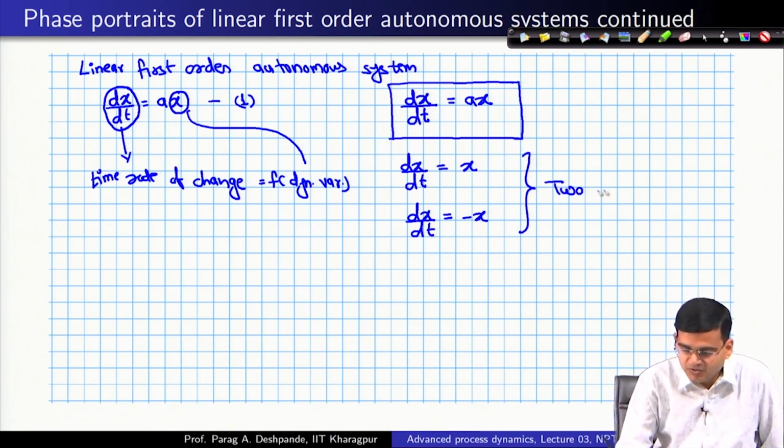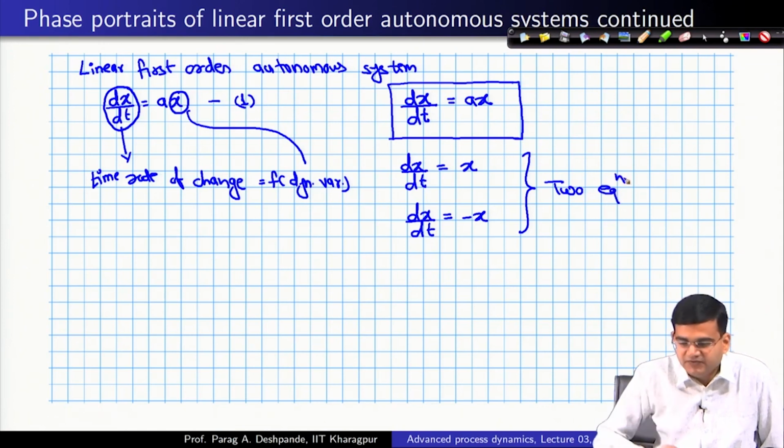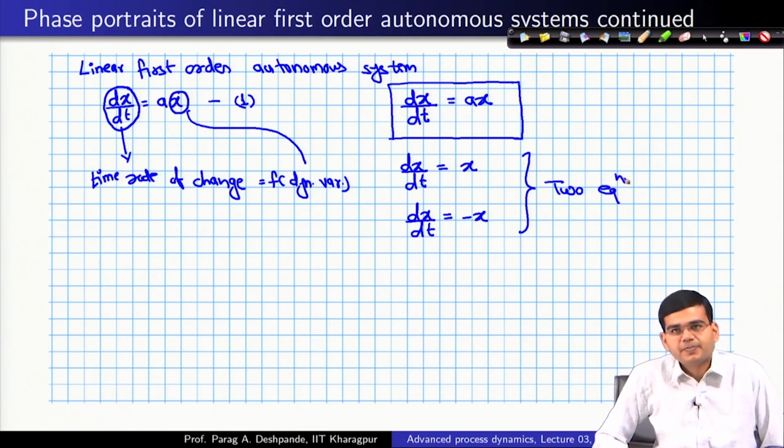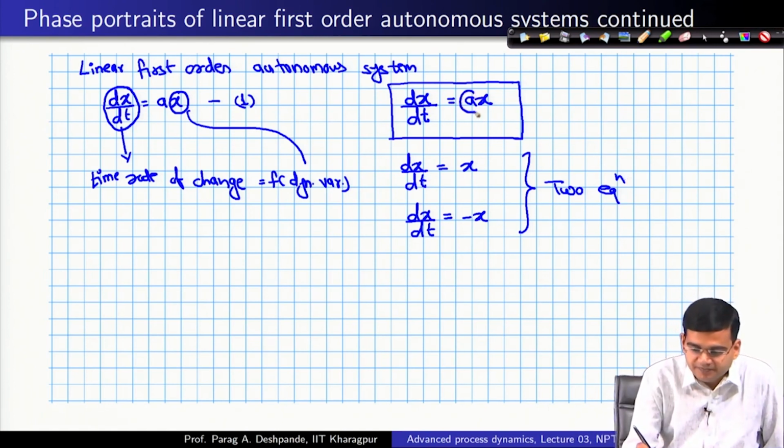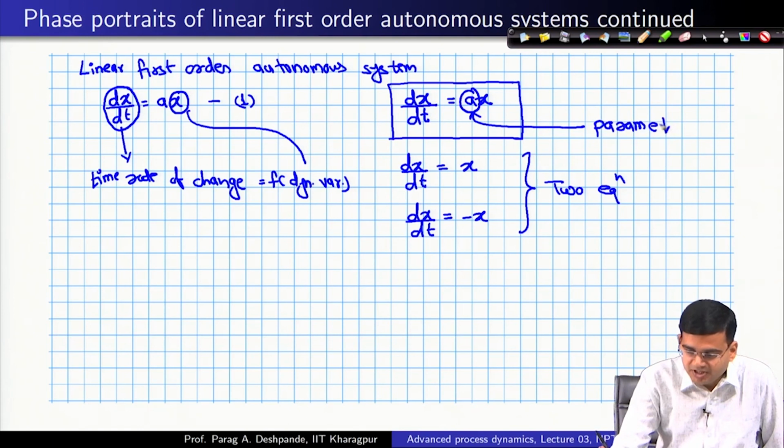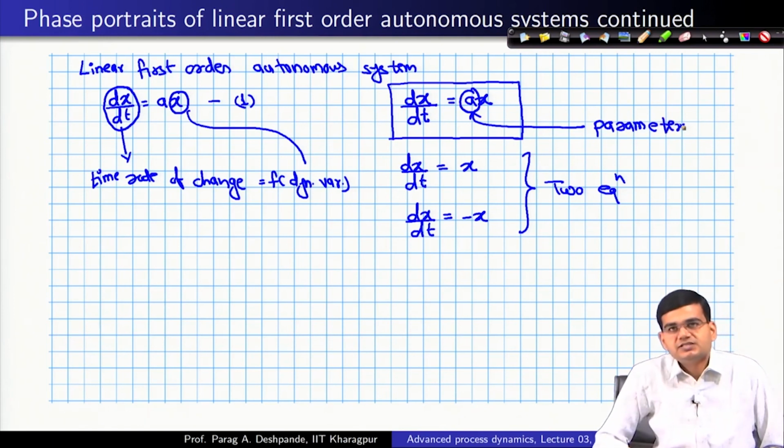These are two equations for two different values of a, and therefore, the behavior of the system would actually depend upon the value of a here. This is an important parameter associated with the system.